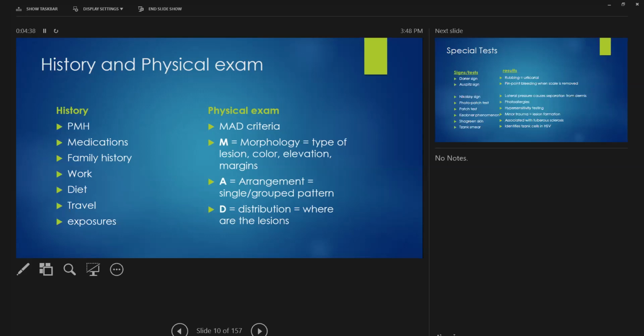This here is the MAD criteria. Morphology is the type, the lesion, the color, elevation, and margins. A is for arrangement, whether it's single or grouped, and D is distribution of where the lesions are actually located. Is it just over the arms or is it over the entire body? Those are things you want to include in your assessment and your documentation.